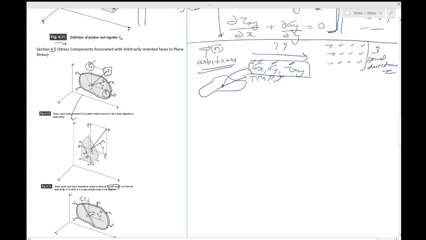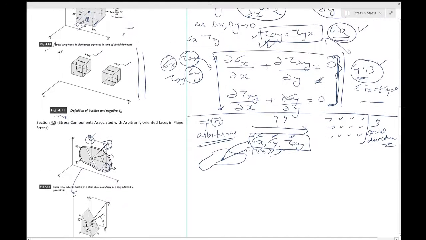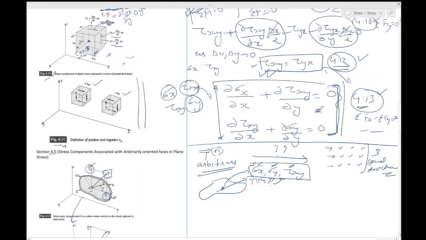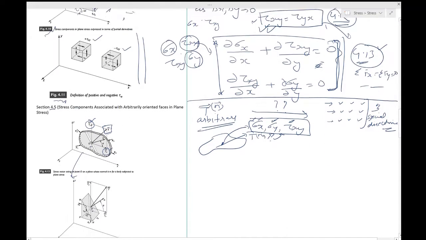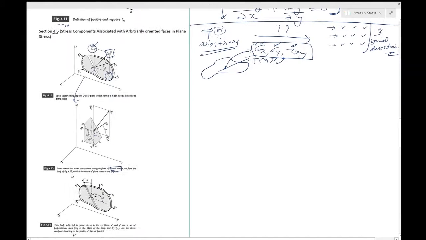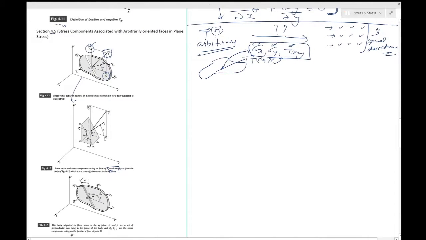For a sufficiently small wedge, the smallness has to be taken care of, just like this was small, similarly this wedge is also small. For a sufficiently small wedge, we can consider the stress components to be uniform over each face. So the equilibrium requirements, sigma M equal to 0 and sigma F equal to 0, can be expressed.